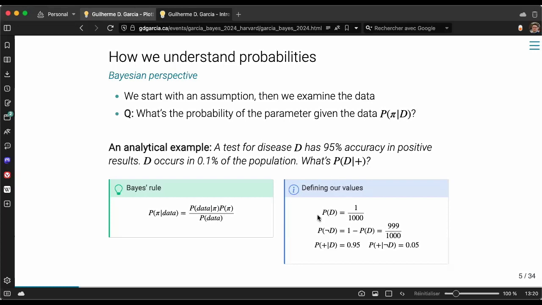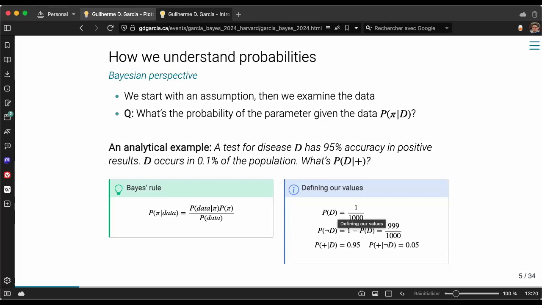So, just defining our values here. We're given a situation: I am randomly selected in the population to take a test for a disease, say COVID or something, right? The test is 95% accurate in positive results, so true positives. But we know that the disease is pretty rare, only 0.1%. This is a piece of information that's often ignored, but it's clearly very important.